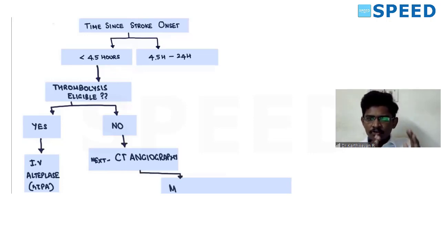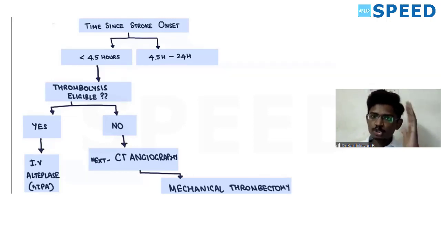If he has any contraindications for thrombolysis, then you can go for CT angiography, with contrast, and if possible, you can do mechanical thrombectomy in these patients.